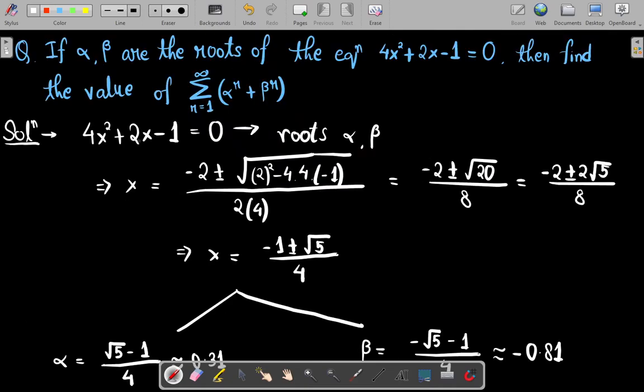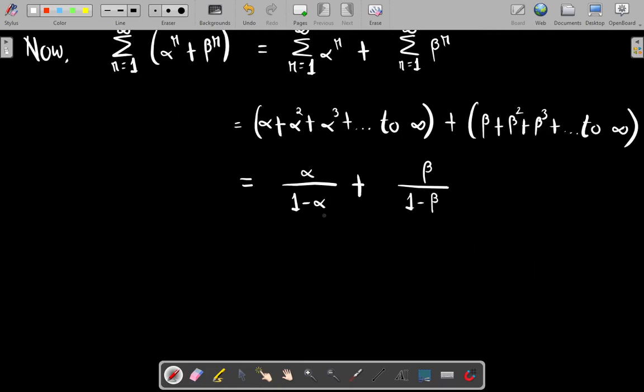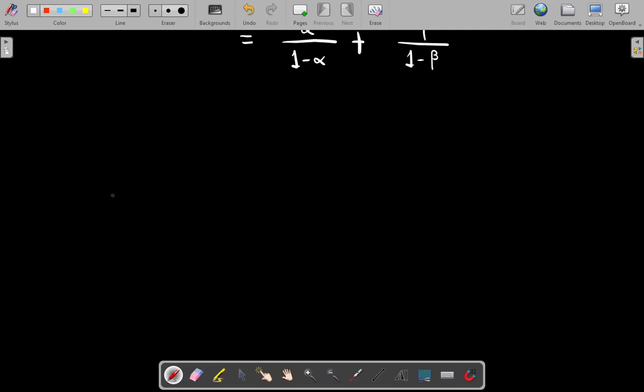We are given this quadratic equation with roots alpha and beta. Let us try to form the quadratic equation which has roots alpha upon 1 minus alpha and beta upon 1 minus beta. To do that, let x be equal to either of these roots. So x is alpha upon 1 minus alpha.